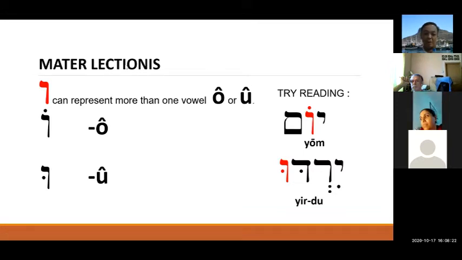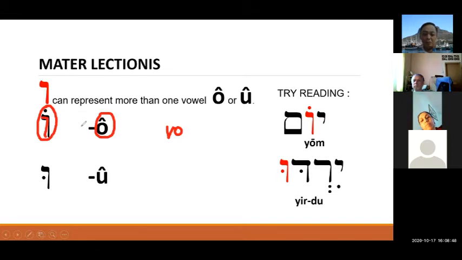With the dot on top, this is basically an O straight away. You know it's an O here. So it's not the consonant, because originally without the nikud, this is just a vav only.